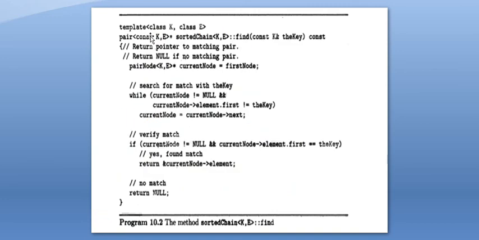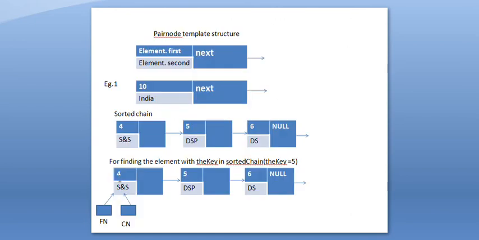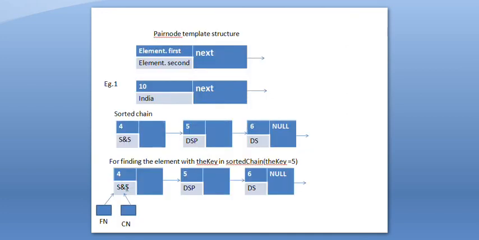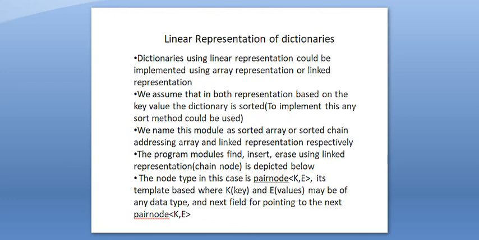So this is your program, template class K, class E. Basically K is the data type for your key, and in this topology we have used K as int. Key is having a data type integer, so K is int. E is string in this case, because it is subject name, DSP, so they are string.